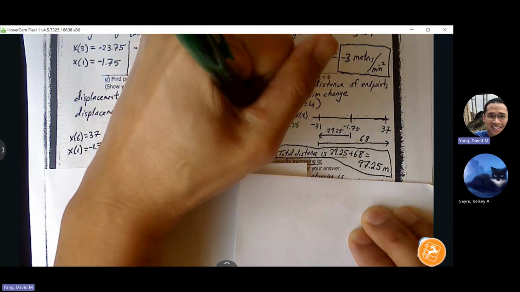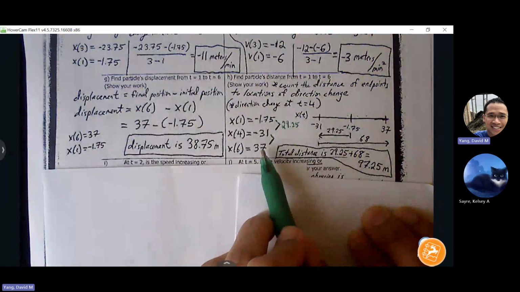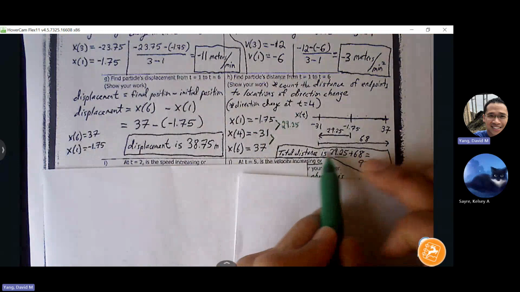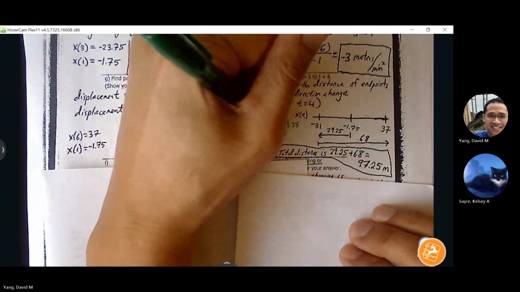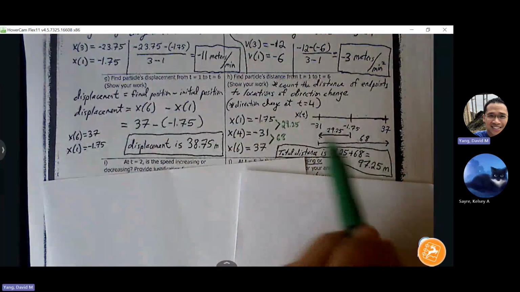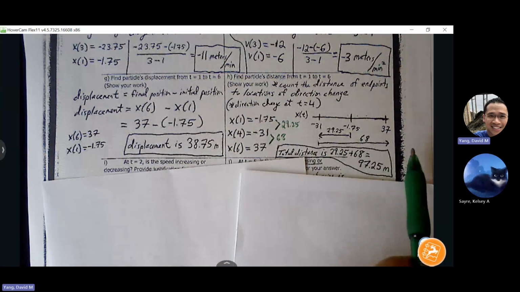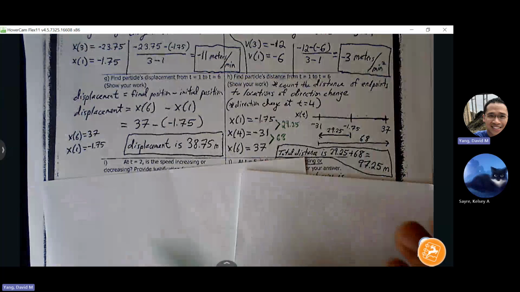And then from -31 to 37, we do 37 minus -31. That's quite a bit of distance there. That's going to be 68 steps. So you walk to the left 29 steps, you walk to the right 68 steps. You add those together. That's your total distance.